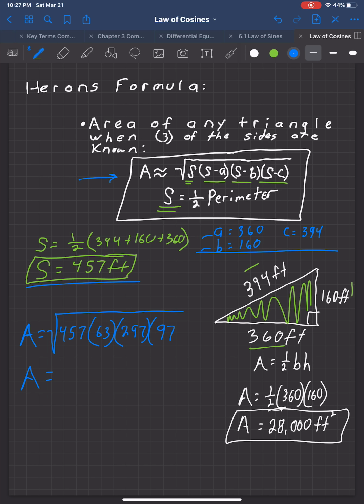So let's see here. We have 457 times 63 times 297 times 97. All right, so that's the square root of 829,439,919.